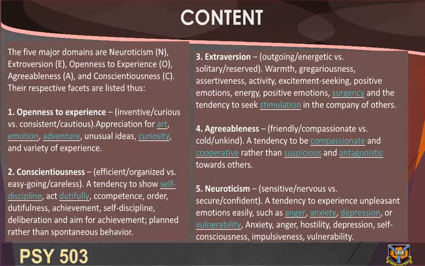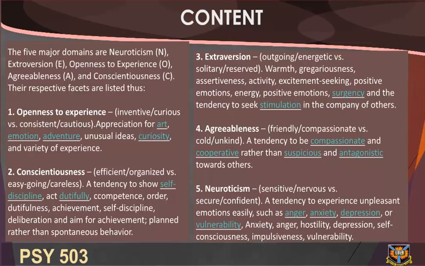The 5 major domains are neuroticism, N, extraversion, E, openness to experience, O, agreeableness, A, and conscientiousness, C. Their respective facets are listed thus: 1. Openness to experience. Inventive, curious versus consistent and cautious. Appreciation for art, emotion, adventure, unusual ideas, curiosity, and variety of experience.